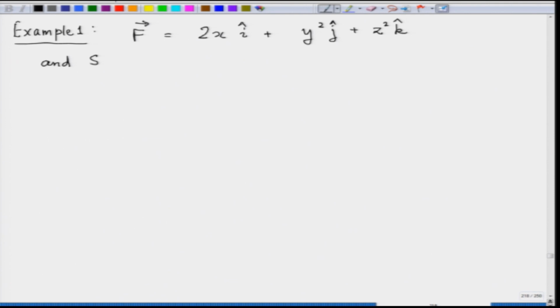So, its volume is the unit sphere and everything inside it, that is the V, the W. So, del W is this unit sphere. I ask you to evaluate the surface integral. That is what the book asks you.